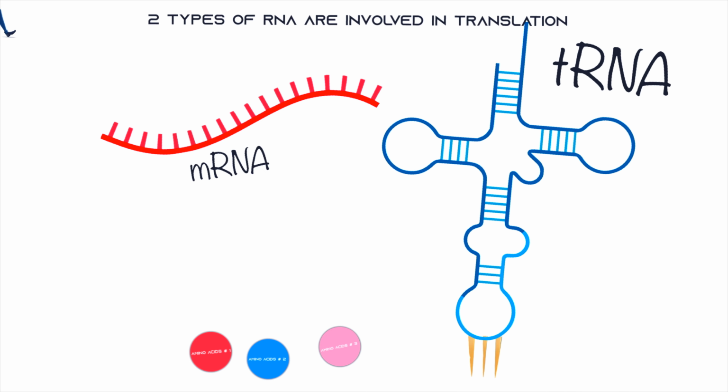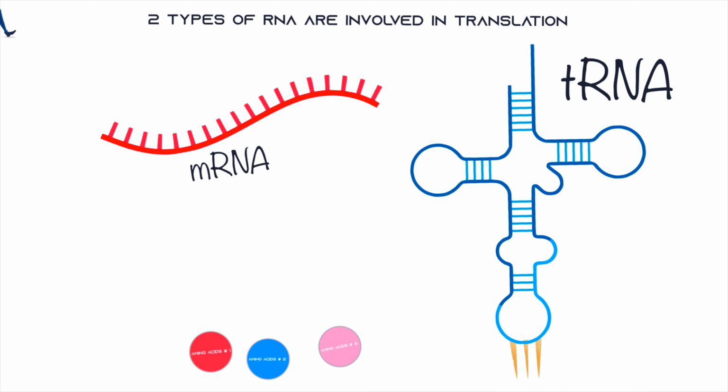In real time, transfer RNA looks something like this. As you can see, it's not really single-stranded. It's made of one strand of RNA, I should say, but this strand of RNA is looped on itself, right? So you can't really say that transfer RNA is double-stranded, but you can always say that it is single-stranded with some folding. So it folds on itself, and it has this clover-shaped structure.